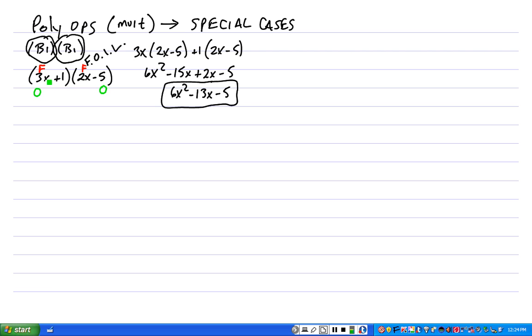Okay, so the 3x is considered an F, but it's also considered an O. So for first times first, you'll get 3x times 2x. For outside, you'll get 3x times a negative 5. Okay, inside, since 3x and the minus 5 are the outside, then the plus 1 and the 2x are the insides.